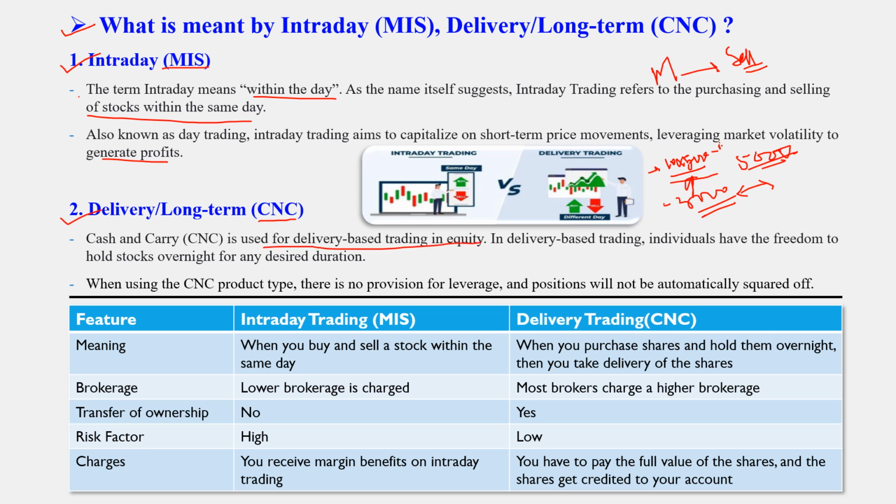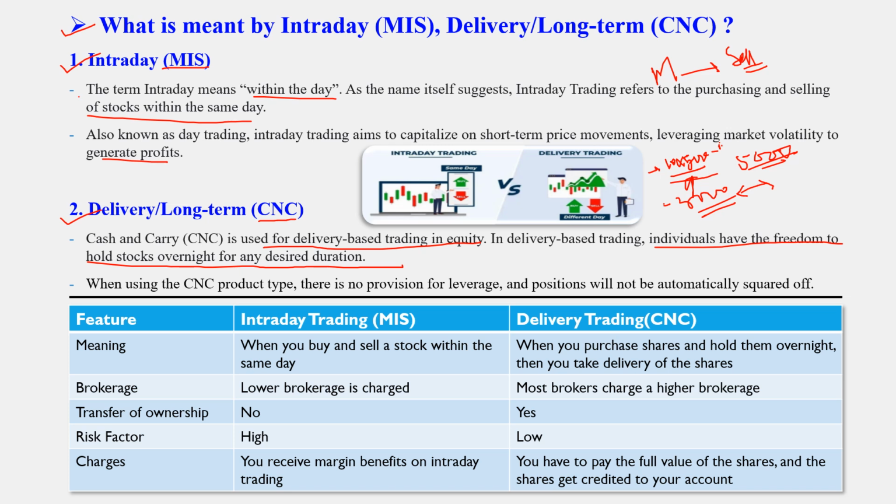In delivery-based trading, individuals have the freedom to hold stock overnight for any desired duration. This is more important in long-term trading. There is the freedom to hold the stock for 1 day, 2 days, 1 year, or 2 years. There is no restriction to sell the stock within the day or within some duration.